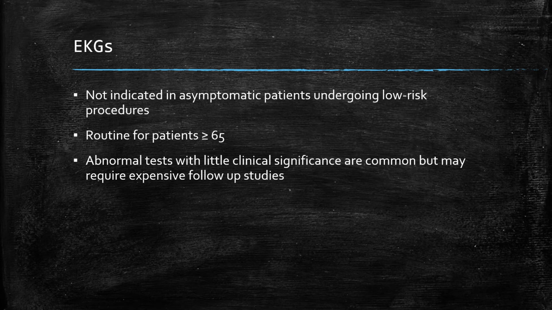EKGs are not indicated in healthy asymptomatic patients who are undergoing low-risk procedures. However, most operating rooms will require them for patients who are over 65 years old. One major issue with EKGs is that abnormal studies with little clinical significance are quite common, but they may require expensive follow-up studies just to rule out any significant pathology.